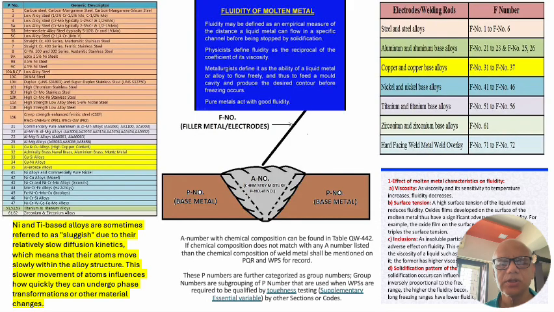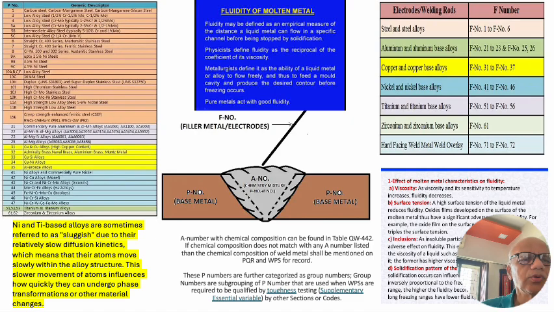In this slide you see that we will be talking about the F number. Typically the F number is the classification of alloys, as you see here. One is for carbon steel, carbon manganese steel. If you go to, let's say, 7, it is the chrome steel 400 series, that is the ferritic martensitic series.